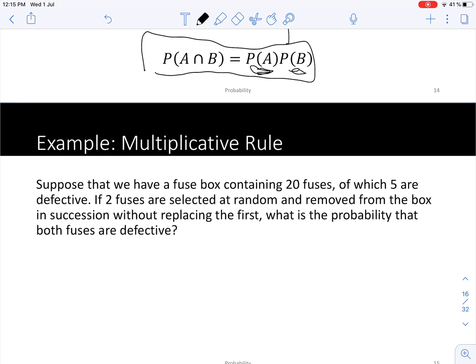So let's first define a couple of events. Remember that we pick first one fuse. So event A is that the first fuse is defective, because the question is about both fuses being defective, and event B is that the second fuse is defective.